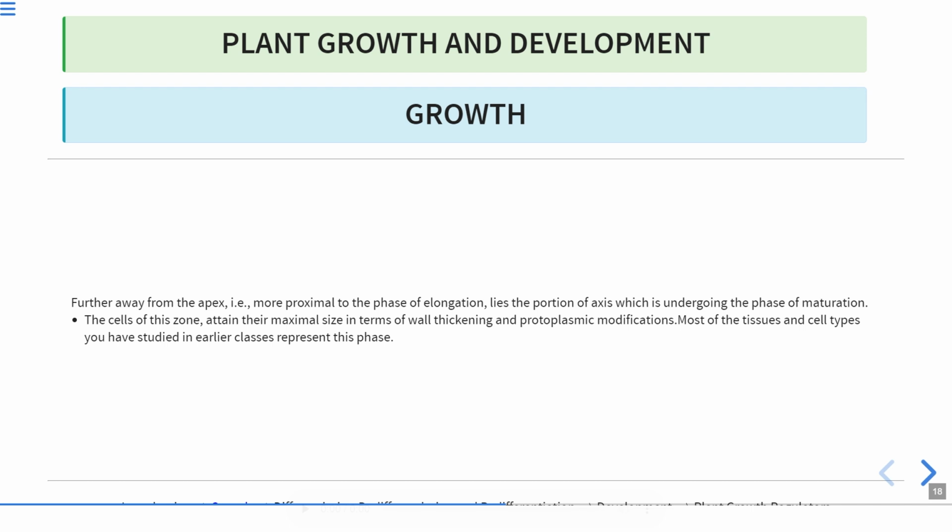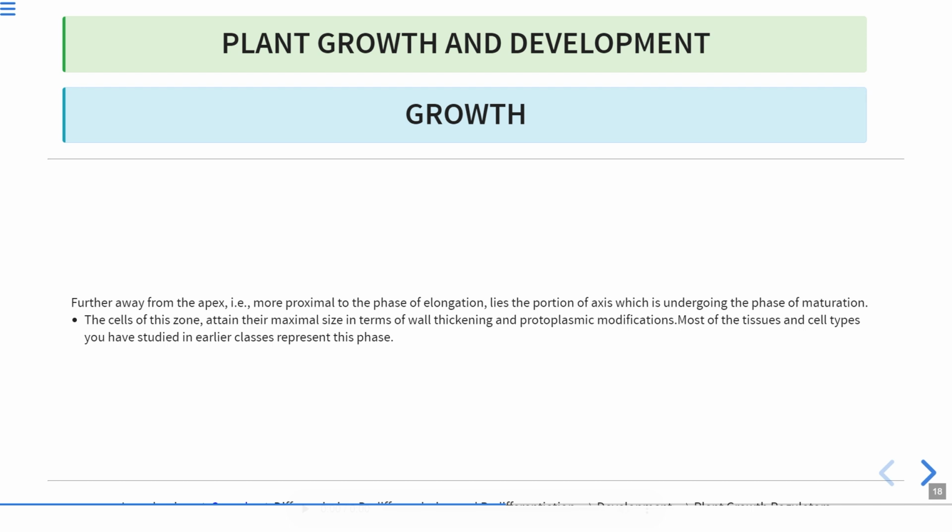The cells at this particular stage are at their maximal size.